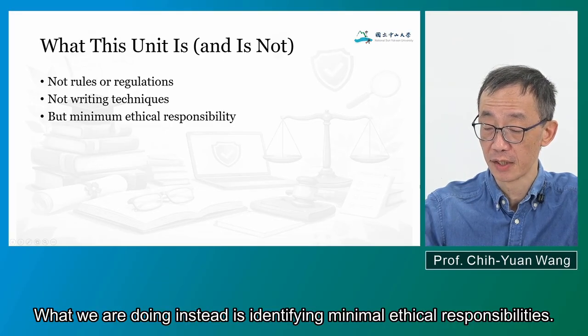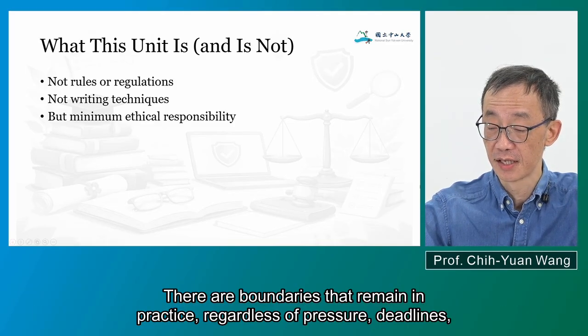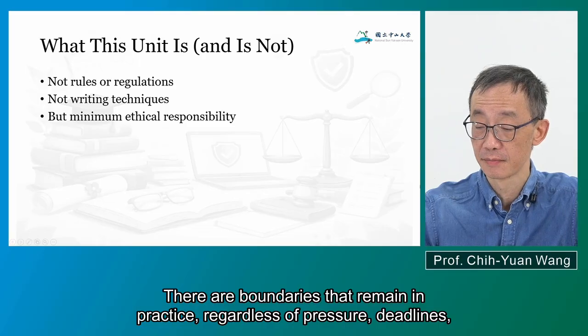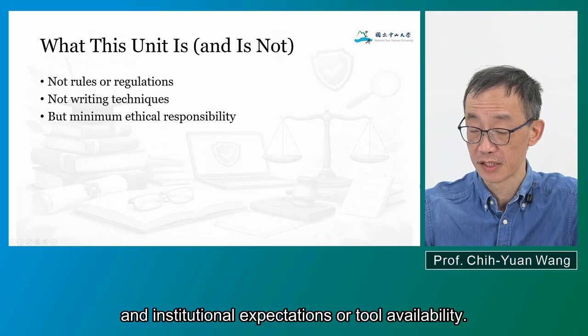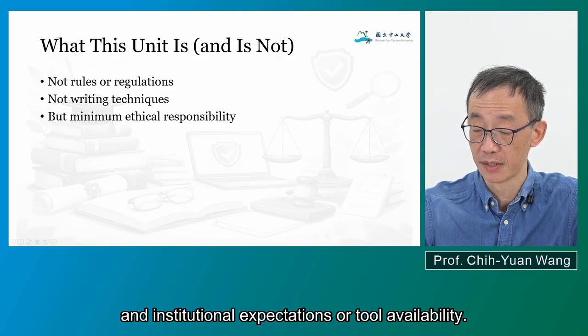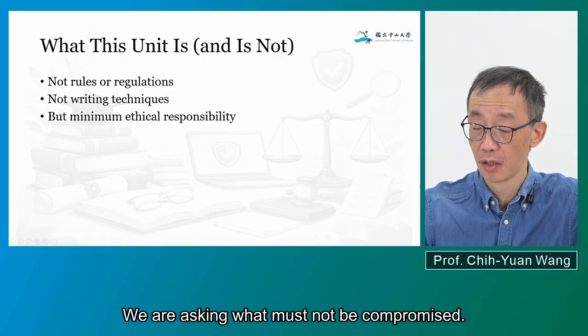What we are doing instead is identifying minimal ethical responsibilities. They are boundaries that remain in place regardless of pressure, deadlines, institutional expectations, or tool availability. We are not asking how research can be made perfect. We are asking what must not be compromised.